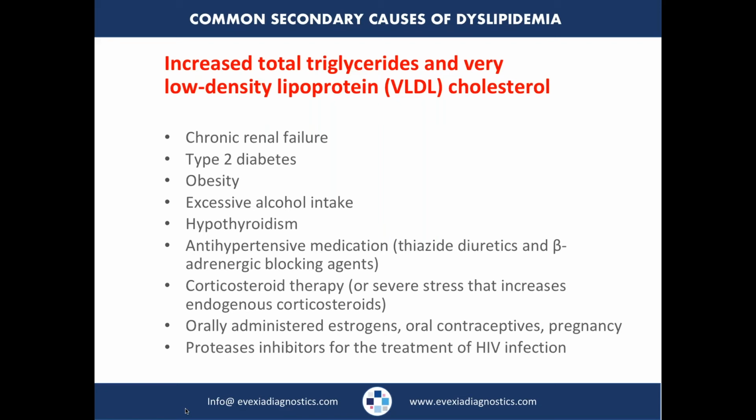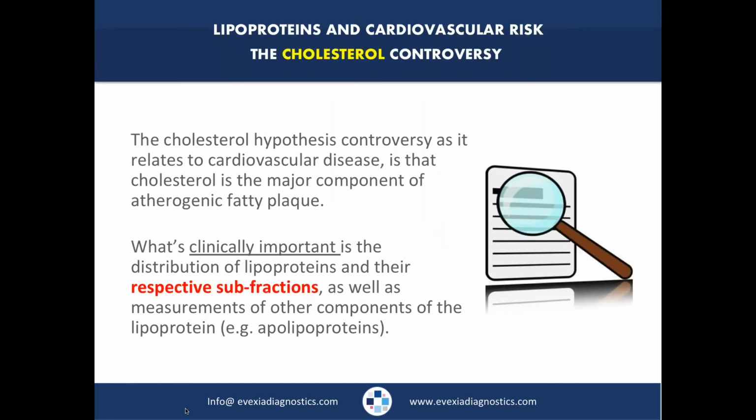But look at the list of medications: antihypertensive medications, thiazide diuretics, beta adrenergic blocking agents, corticosteroid therapy, estrogens, if they're orally administered estrogens, oral contraceptives. All of those can cause an increase in triglycerides and very low density lipoprotein increase. So I want you to be aware of those as we go through looking at these secondary conditions.